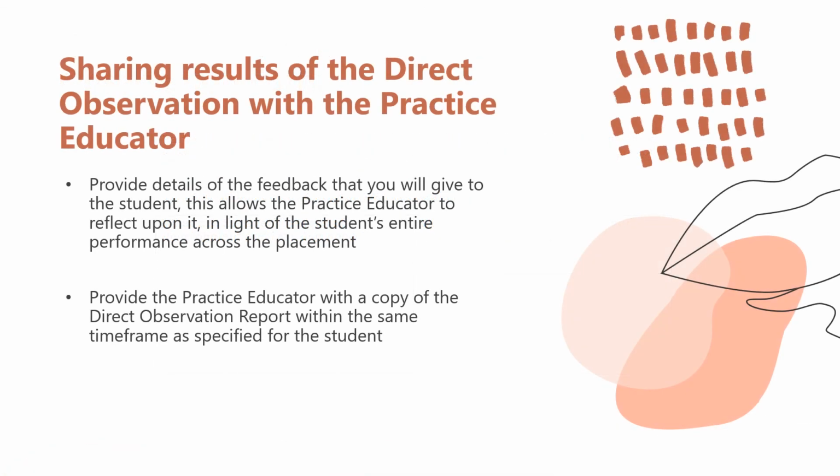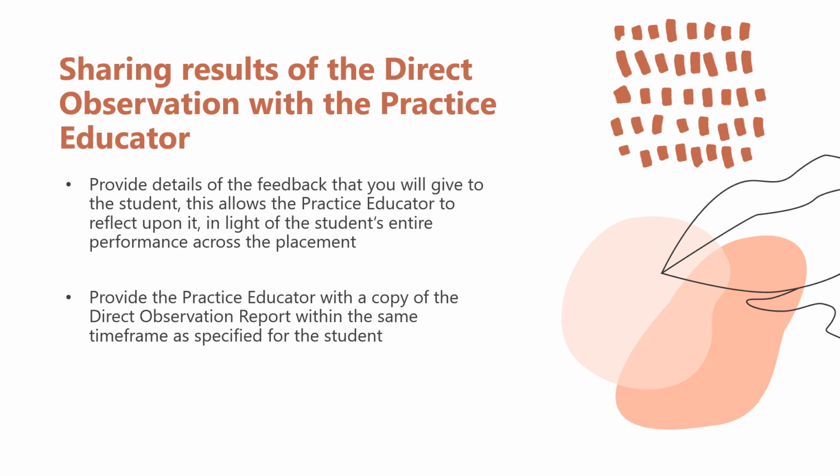It's really important as part of the entire process that you share the results of the direct observation with the practice educator. And again, this allows the practice educator to reflect upon the student's entire performance across the entirety of the placement.